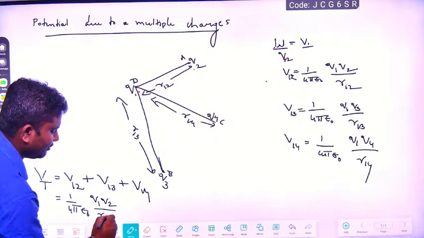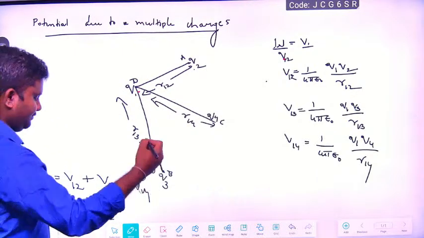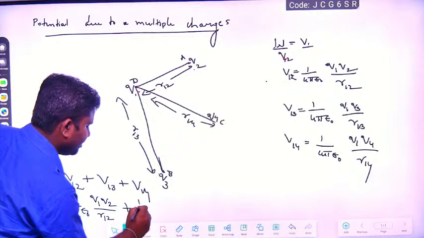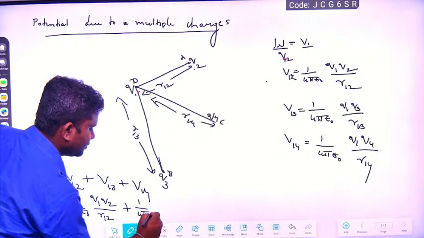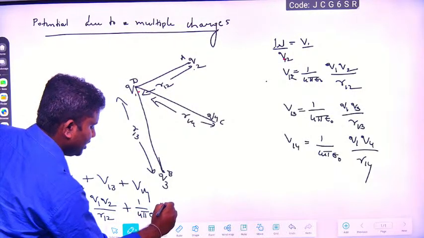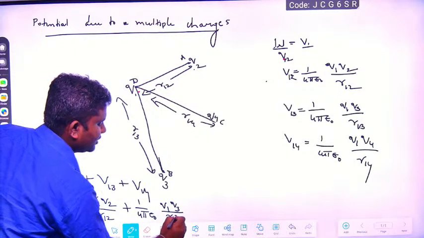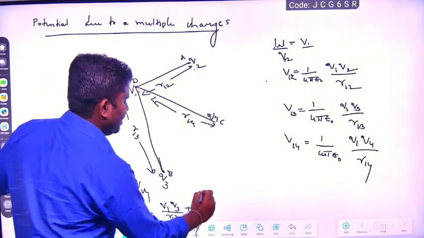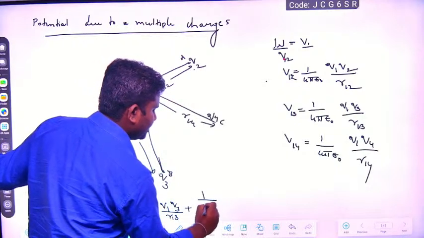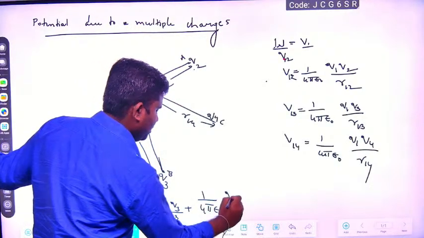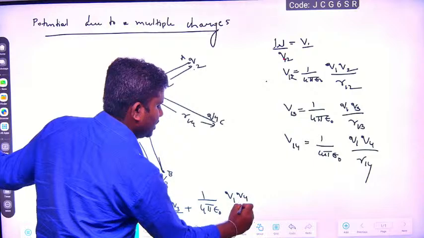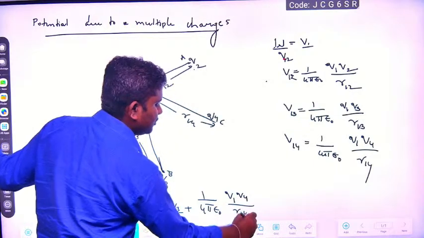I will write everything first, then take it out. Plus V13 is 1 by 4 pi epsilon naught Q1 Q3 divided by R13, plus 1 by 4 pi epsilon naught Q1 Q4 divided by R14.